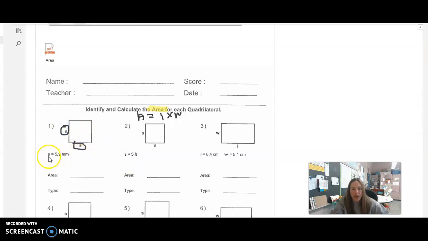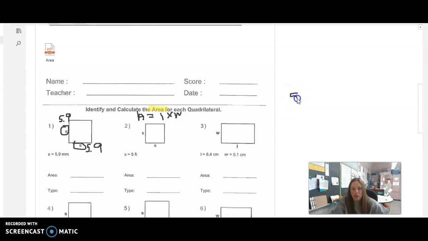Just like yesterday, our sides are noted by letters, and then they tell us down here what each side measures. So I want you to put in the measurements. Okay. And then multiply them together.